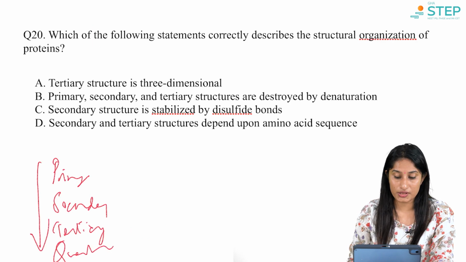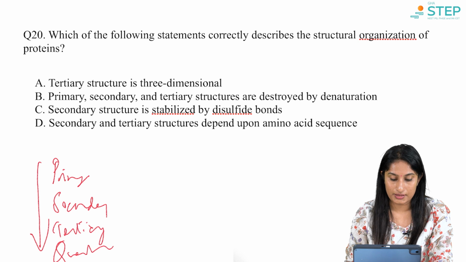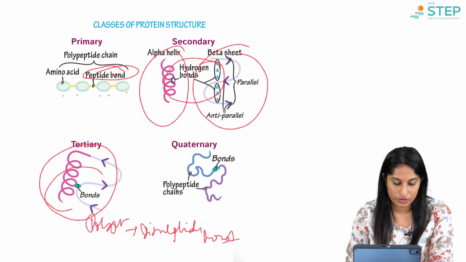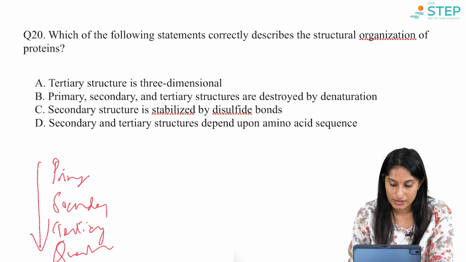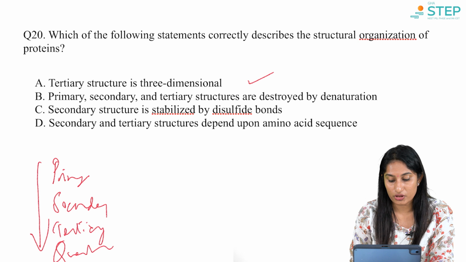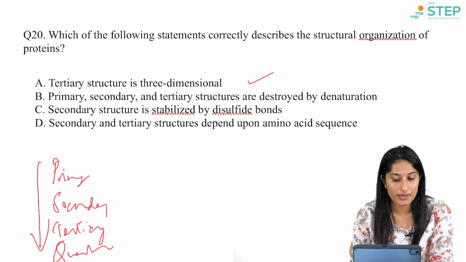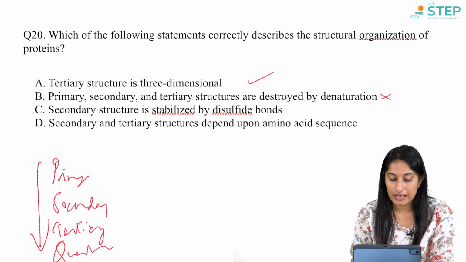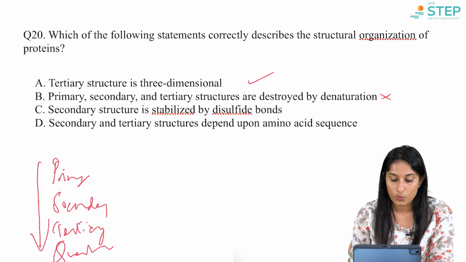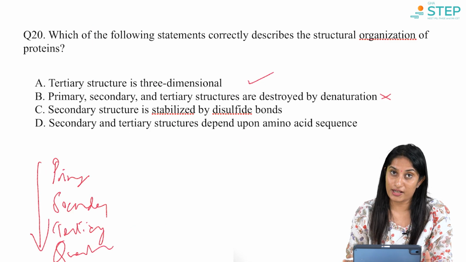Now, what are the options here which is correct? Tertiary structure is three-dimensional. So, let's look at it. Is it three-dimensional? Yes, tertiary structure is three-dimensional. Primary, secondary and tertiary structures are destroyed by denaturation. This is incorrect because it is the secondary, tertiary and quaternary structures which are destroyed by denaturation.